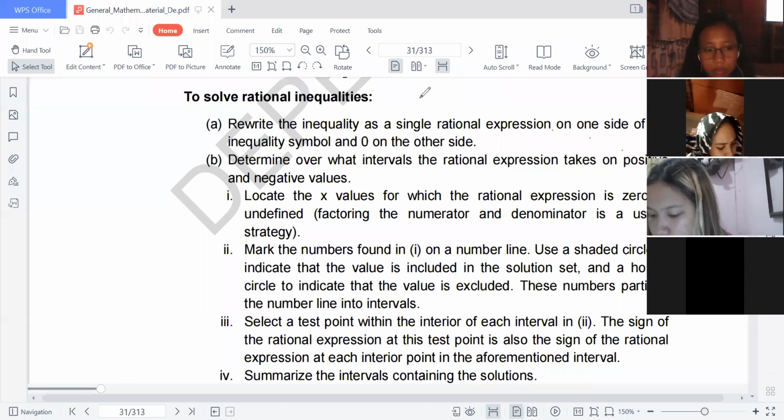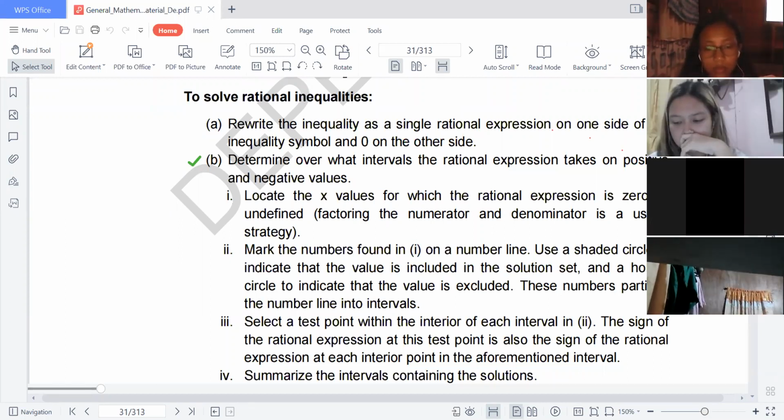Step number 2, can I ask Suhaira Pakatwa? Determine over what intervals the rational expression takes on positive and negative values. You will be determining what intervals the rational expression takes on positive or negative values.